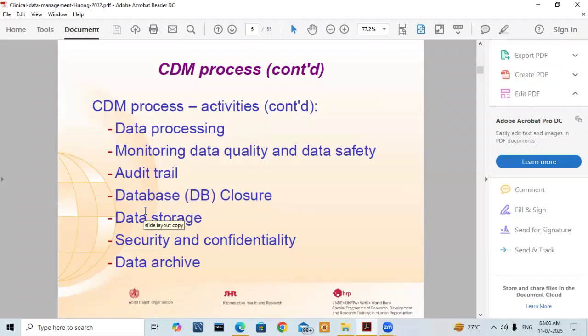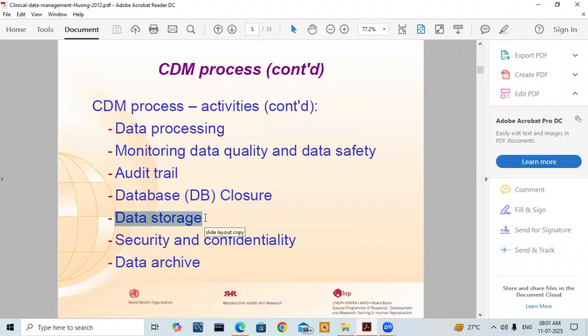So after locking the database, the data is stored on the hard drive. Nowadays we have hard drives, but before we had CD and DVD, CD-ROM, DVD-ROM, right? The data is stored for future purposes, because sometimes the data may be lost. For example, if something happens, an accident, the data will be gone.